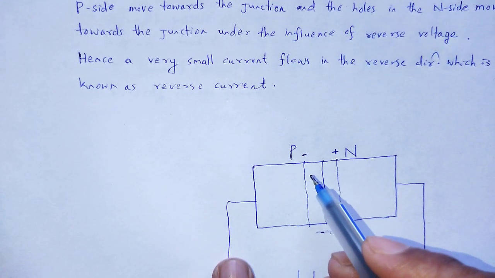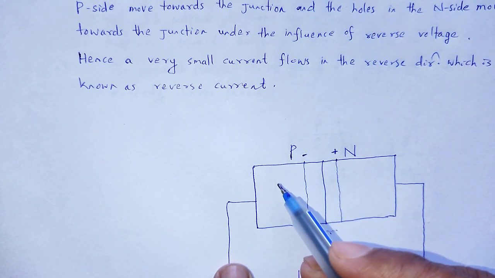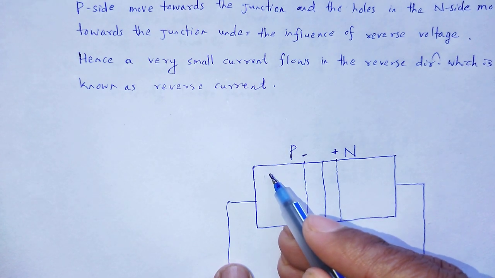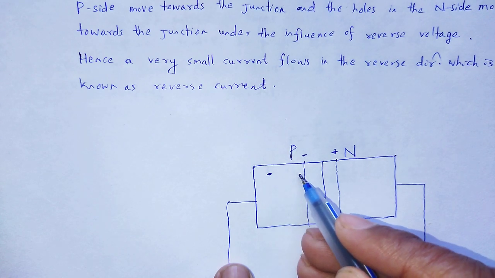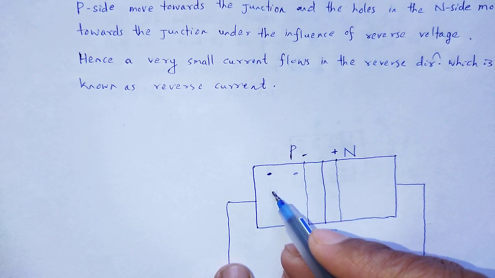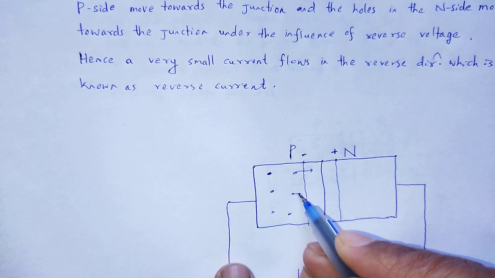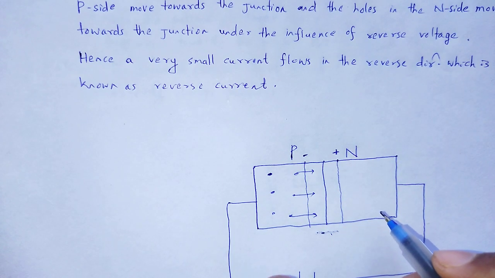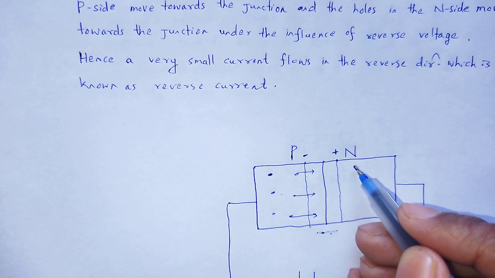Exactly, in p type the majority charge carriers are holes, but there are also some minority charge carriers, which are free electrons. In n type the majority charge carriers are free electrons, but there are also some minority charge carriers as holes.